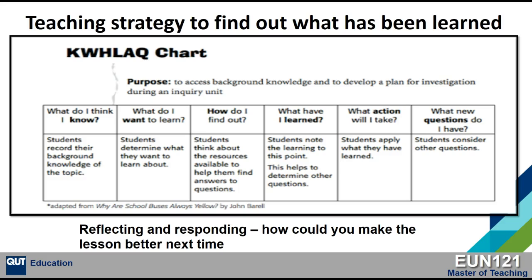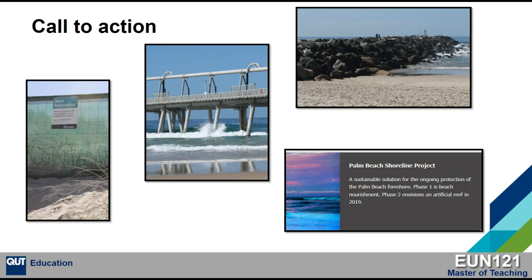You need to find out if learning has actually happened, and your KWHLAQ chart is a good way of doing this. And then you can think about how you could make your lesson better for the next time around. And then, as I was just talking about, your call to action. And here are some of the coastal management strategies that have happened on the Gold Coast.